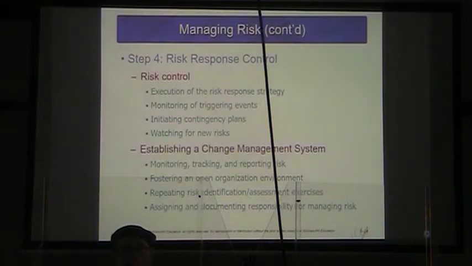We monitor the triggering events that would cause a strategy to be implemented, so that if the triggering event happens, we start implementing that strategy. We implement our contingency plans, and we keep watching for new risks.